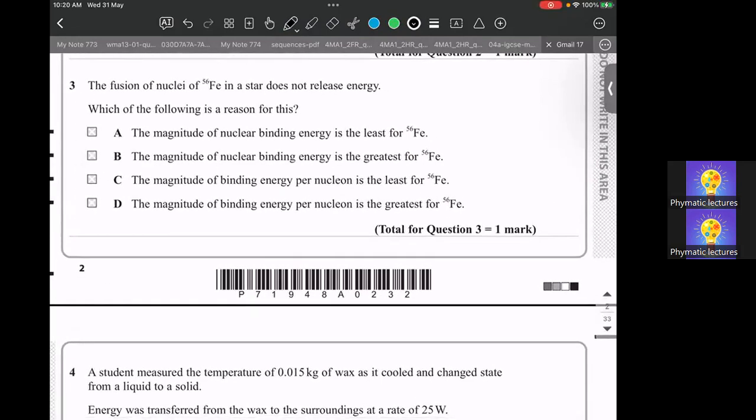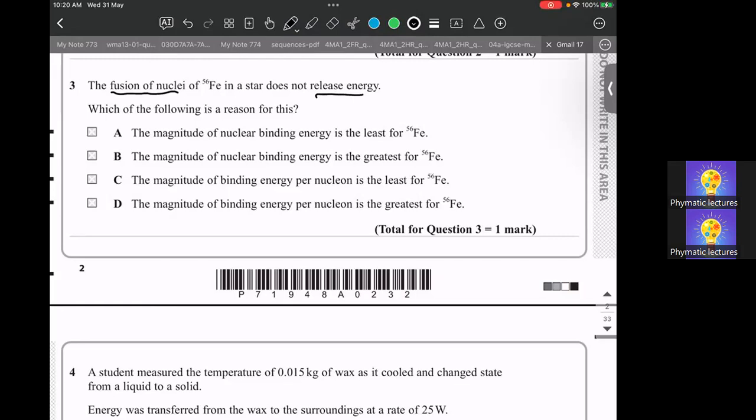The fusion of nuclei of Fe-56 in a star does not release energy. Which of the following is a reason why it is not releasing energy?